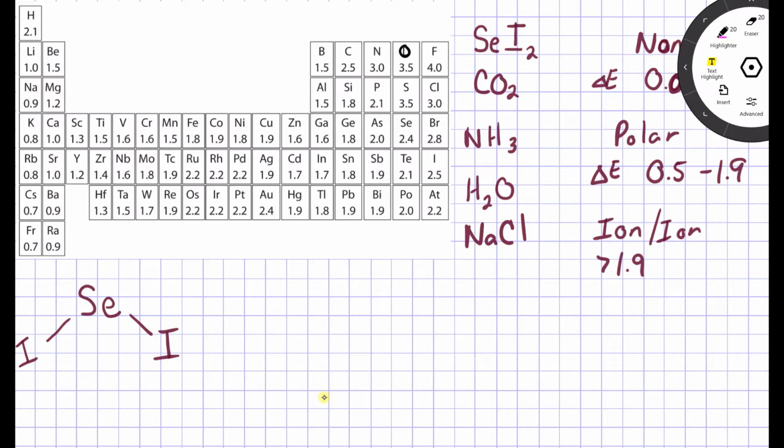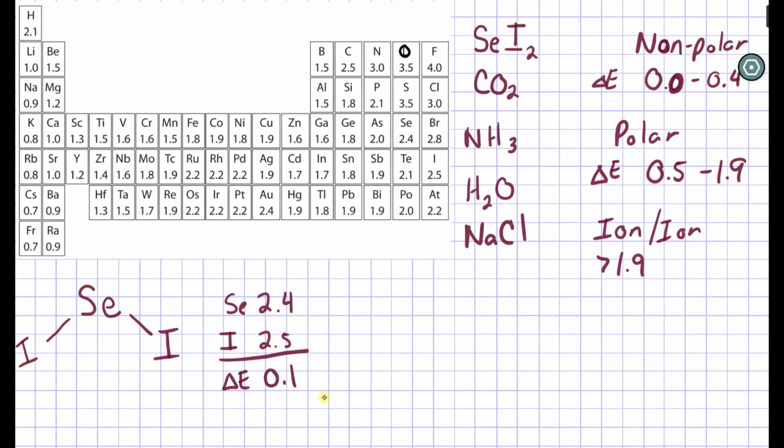With this, when I look at selenium, selenium has an electronegativity of 2.4. Iodine has an electronegativity of 2.5. So my change in energy, my electronegativity difference, is going to be 0.1.